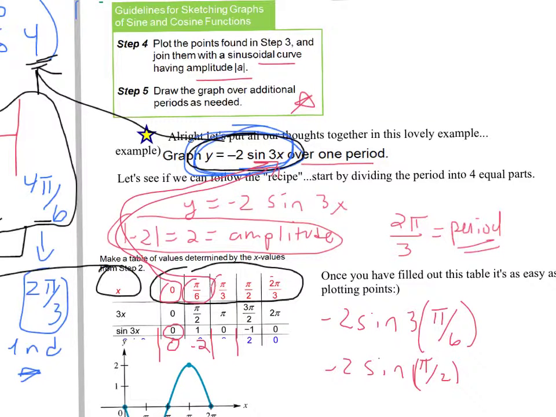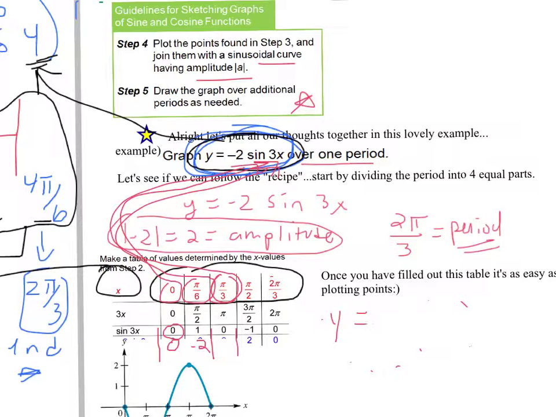Let's try again. Take pi over 3 and store it in there. Let me erase this. And again, you see that I don't have to do the mental gymnastics. I can physically store it in. Take pi over 3, store it in, write it out. Y equals -2 sine of 3 times pi over 3. Well, the 3's are going to cancel, so then you're looking at sine of pi.